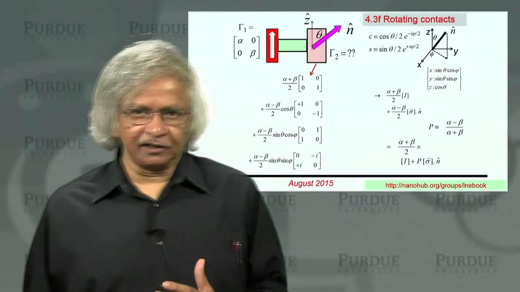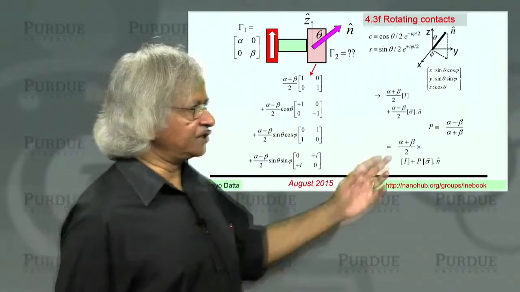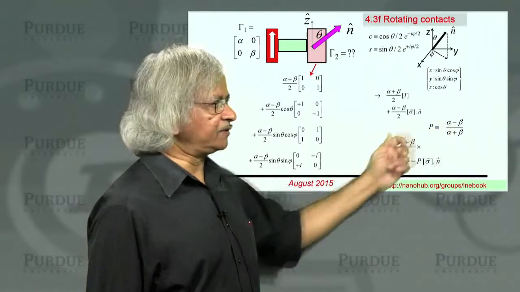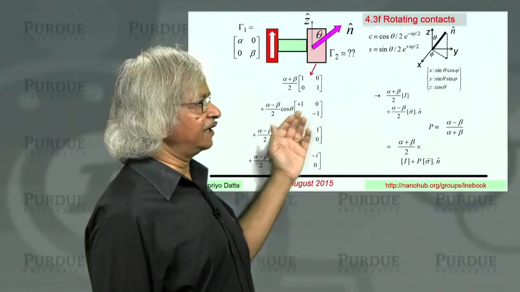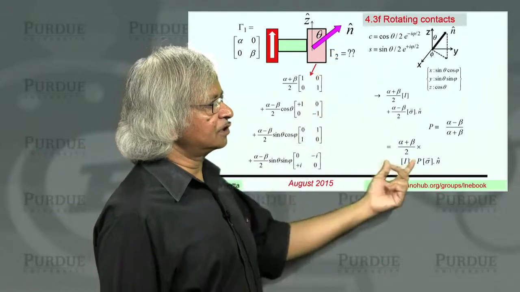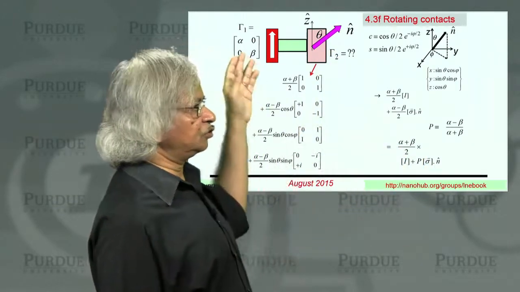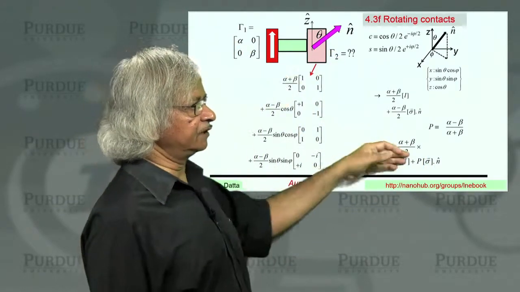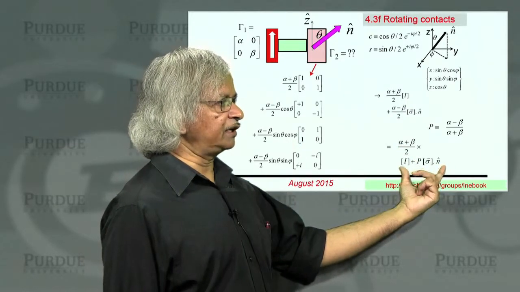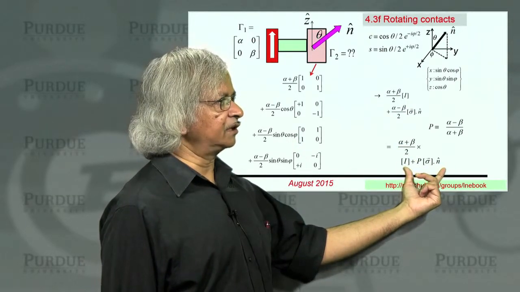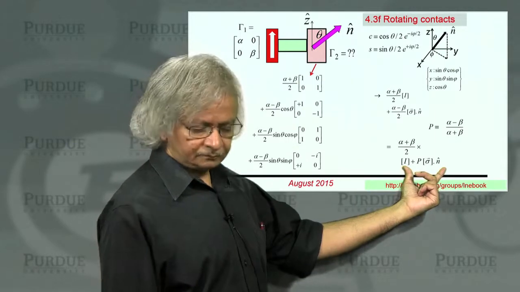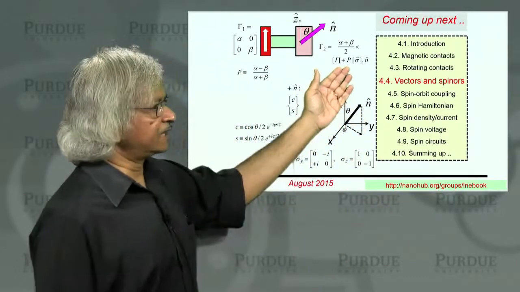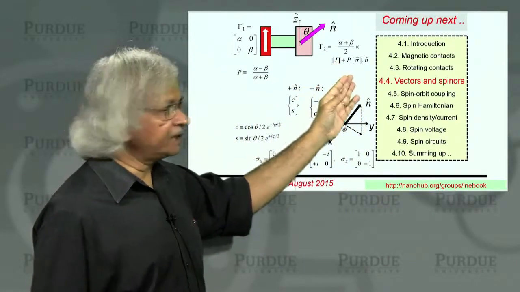It tells you how effective a magnet is in terms of discriminating between the 2 spins. So the final result then is that gamma 2 looks like alpha plus beta over 2, that's half the sum of the diagonal elements, times this quantity, I plus P sigma dot N. So that's the basic result then of this lecture.